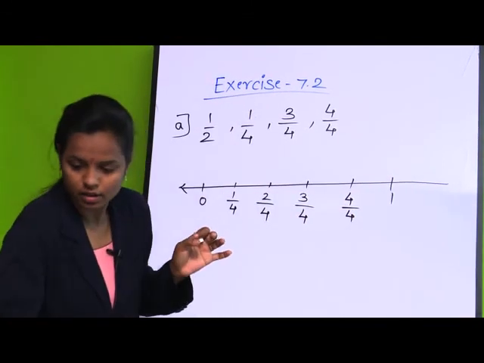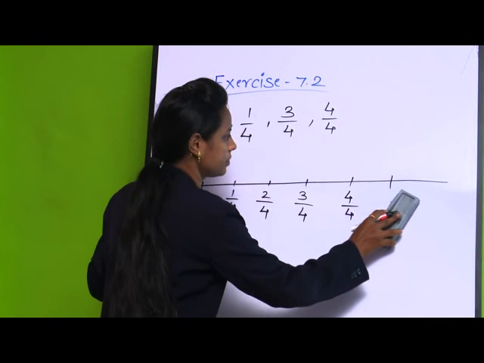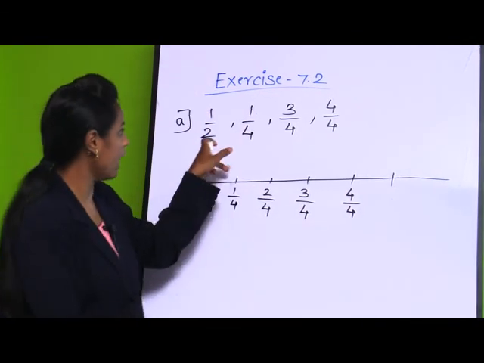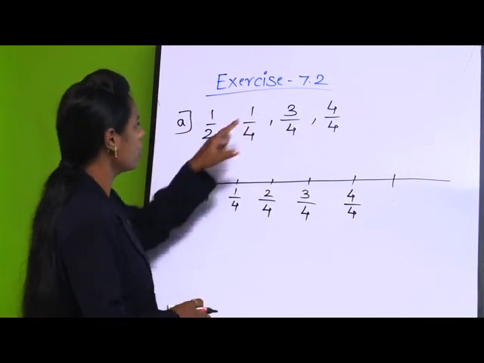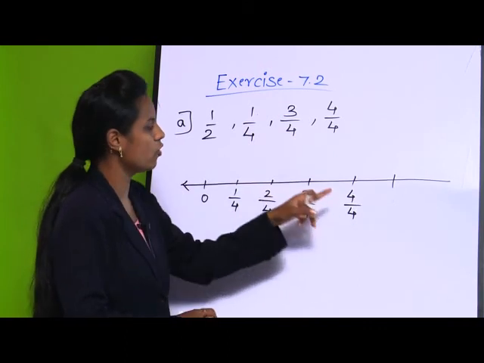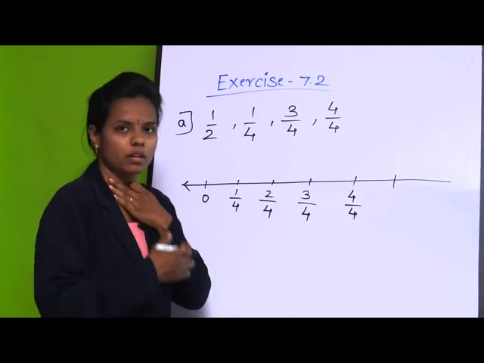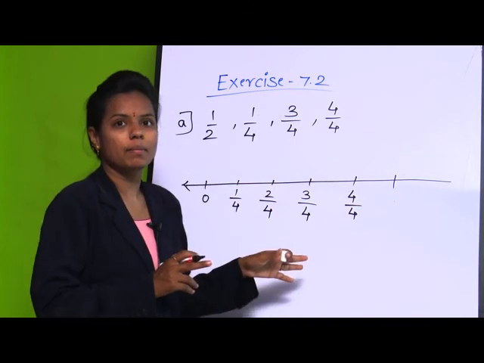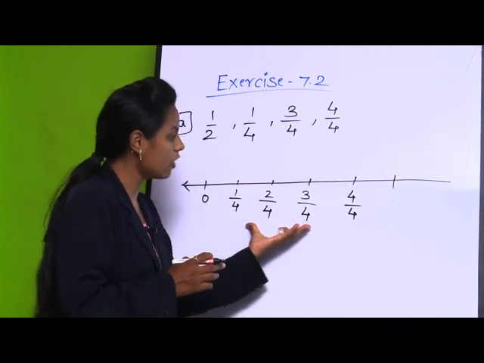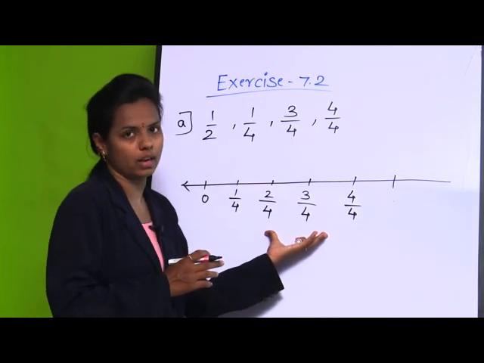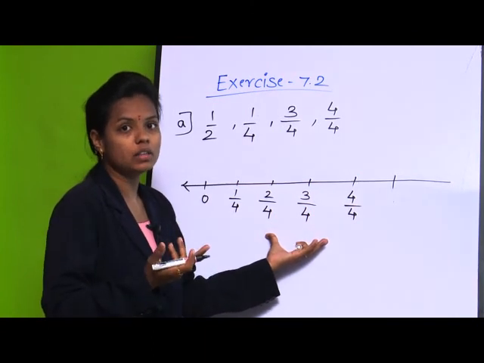Okay students, see here. We have the numbers 1 by 4, 2 by 4, 3 by 4, 4 by 4 and so on. Always remember, these are the fractions which are less than 1, and where is 1?